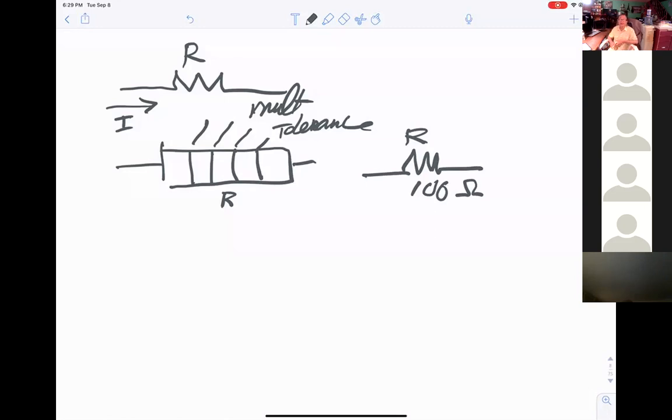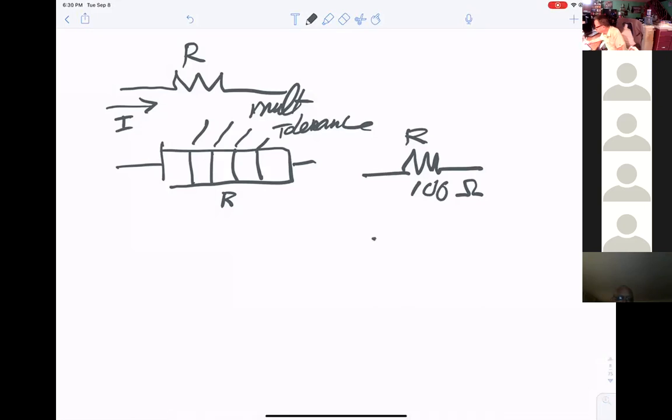By looking into the color code, we'll teach you how to do it. But you can say, okay, that will be 100 ohm. But normally, this will be for assembler, not for the technician. Okay? Now, I can give it to you.